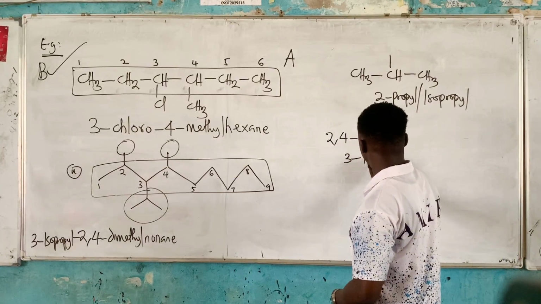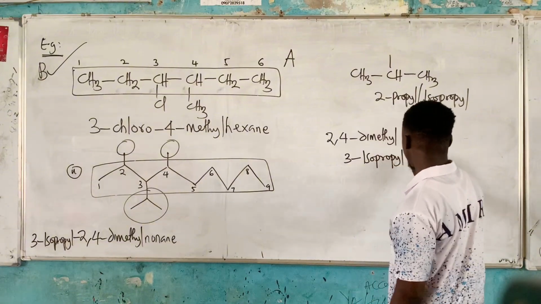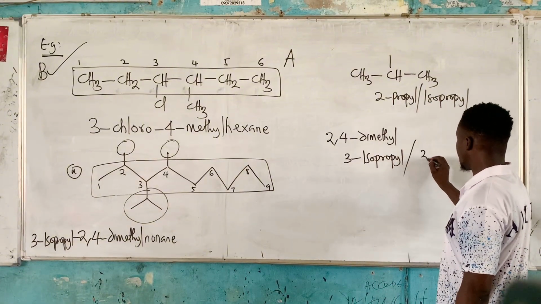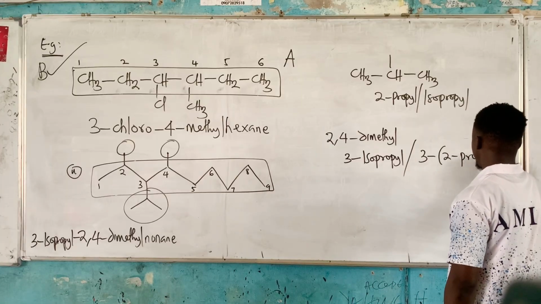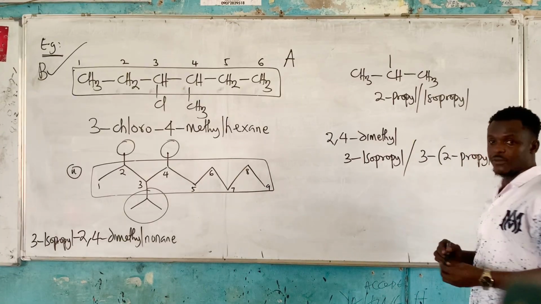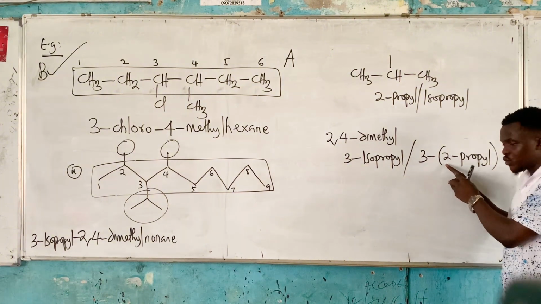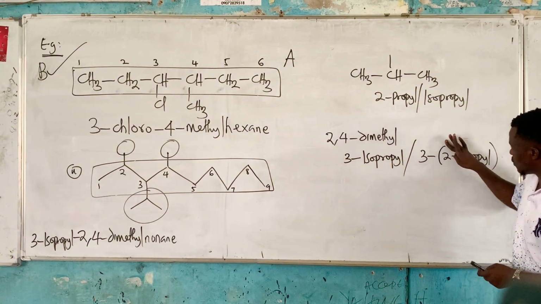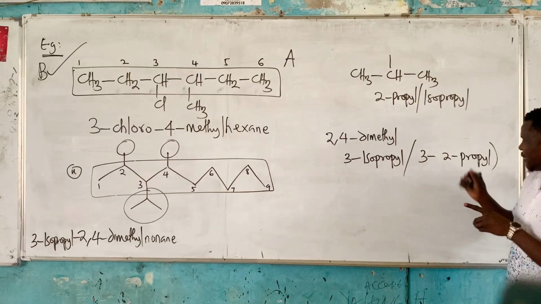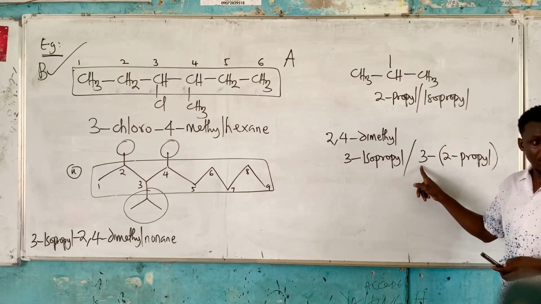Carbon 3, I have isopropyl, or 3. Now, this 2-propyl is always together. So if you use 2-propyl, you have to put it inside what? Brackets. If you don't, it does not make sense. This simply means that everything here is at number what? 3.